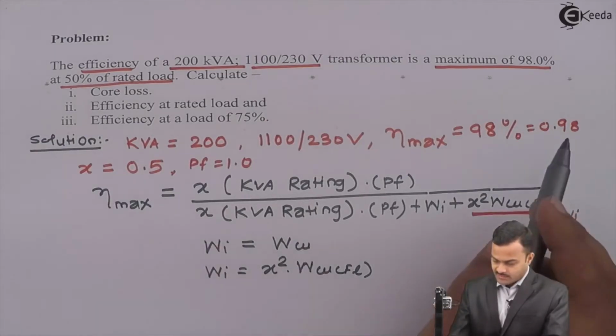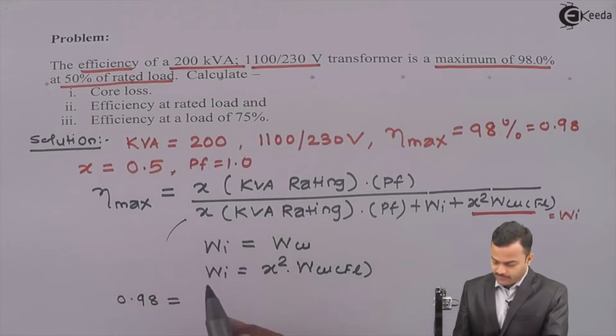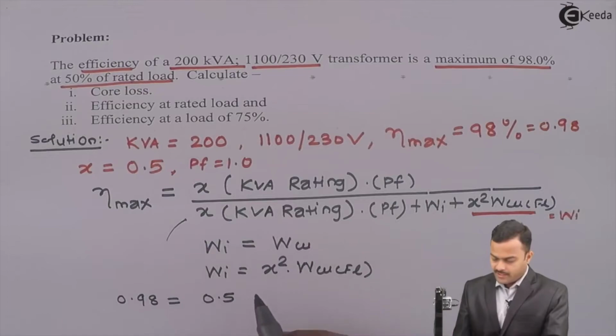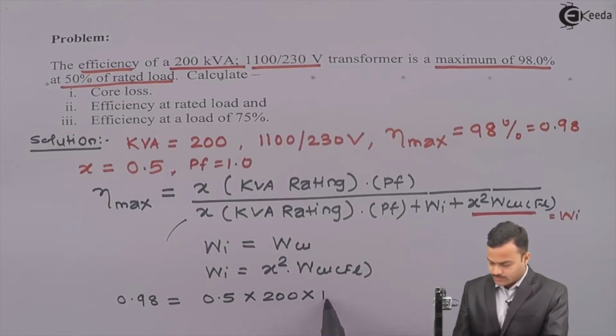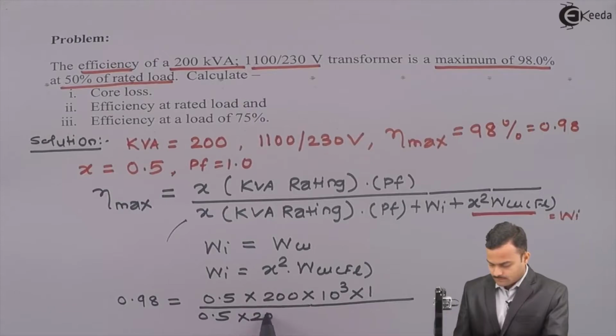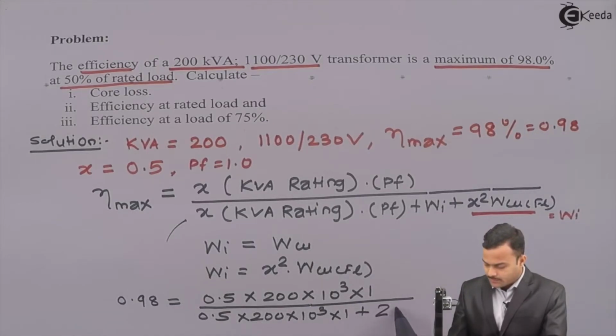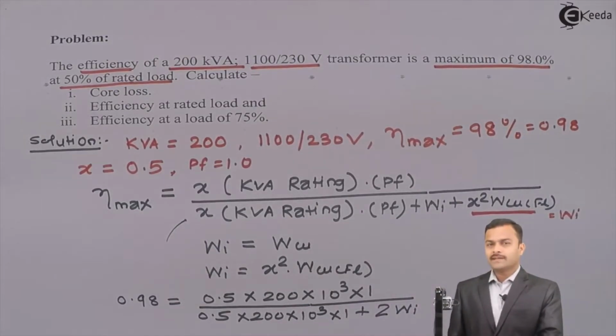So efficiency maximum is 0.98, X is 0.5, kVA rating is 200, so it's 200 multiplied by 10 raised to 3, and power factor we assume unity. Instead of this, I can write 2 times Wi. What is the advantage?